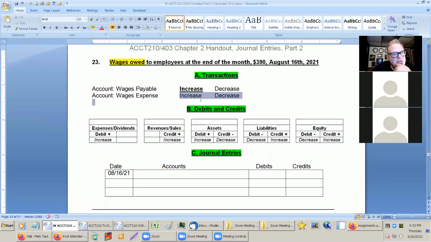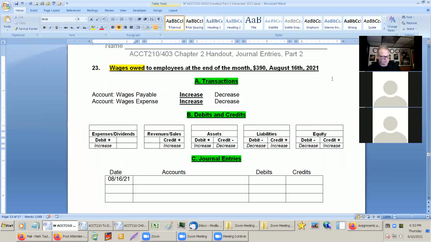Okay, and expenses are always going up. That's the nice thing about expenses, for making journal entries anyways. They're always debits. Unless something kooky happens, they're debits.